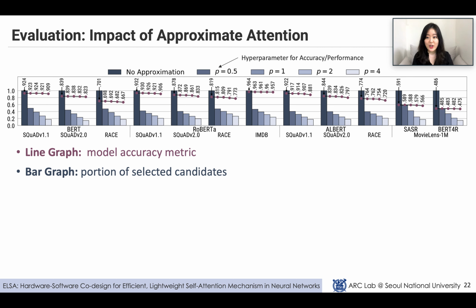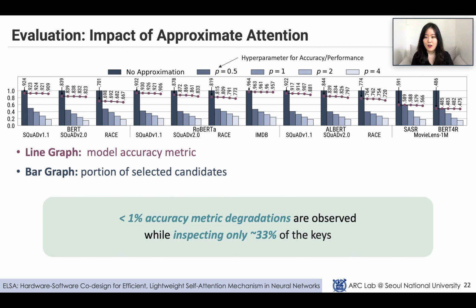The purple line graph in the figure shows the model accuracy across varying P, and the overlaid bar graph shows the portion of selected candidates across varying P. Overall, the figure shows that our mechanism is effective in filtering out unnecessary keys with minimum accuracy degradation. For example, Elsa's approximate self-attention mechanism achieves less than 1% accuracy metric degradation while inspecting only 1/3 of the keys.